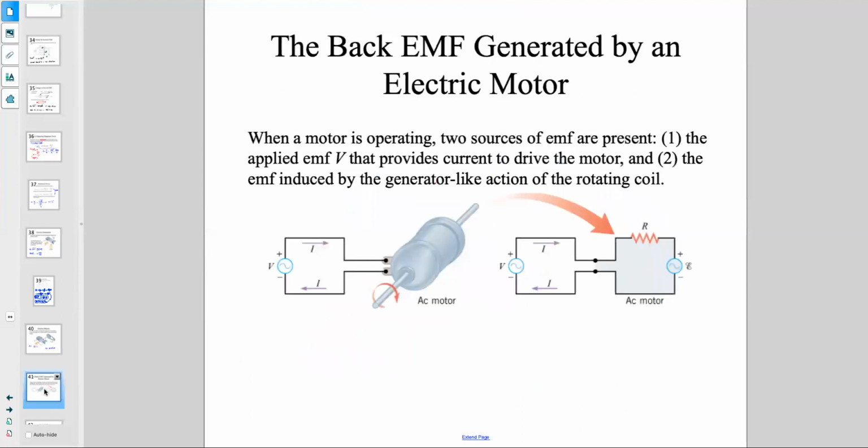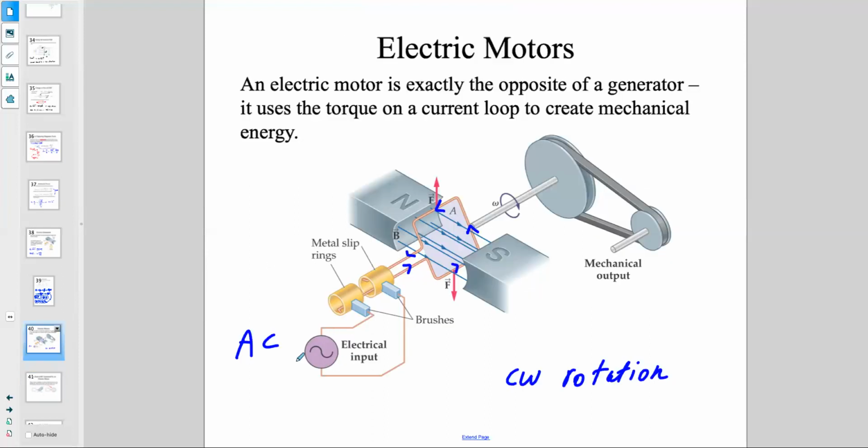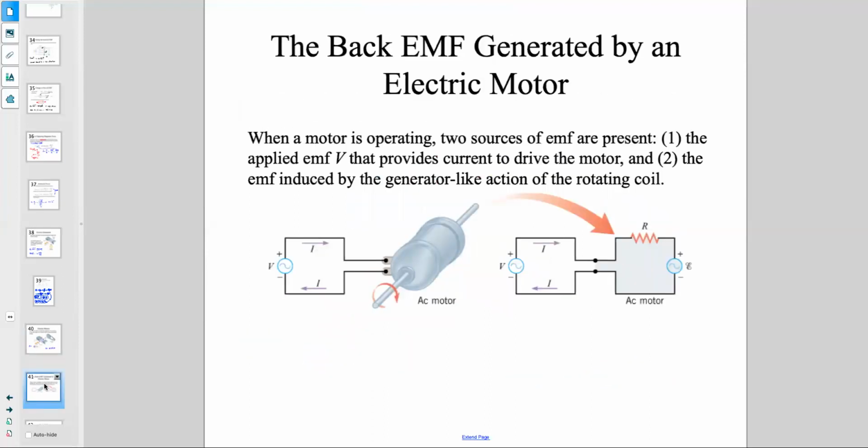Now, this will cause something called back EMF, the back EMF generated inside electric motors. When a motor is operating, two sources of EMF are present: the applied EMF, V, that provides current to drive the motor, which is right here, and the EMF induced by the generator-like action of the rotating coil.